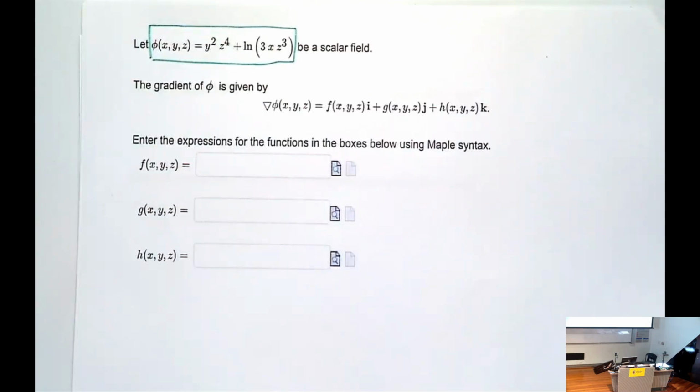Compute the gradient of phi. So we've got a scalar function, a function of 3 variables. We want to turn it into a vector, and basically we do that using the del operator and the derivatives. So let's work through it and see how we go.